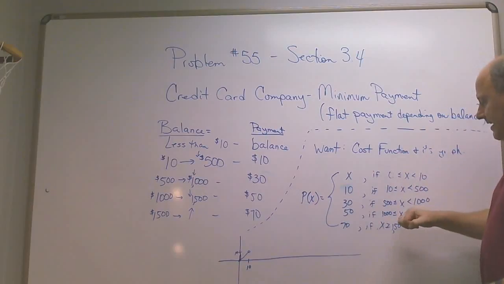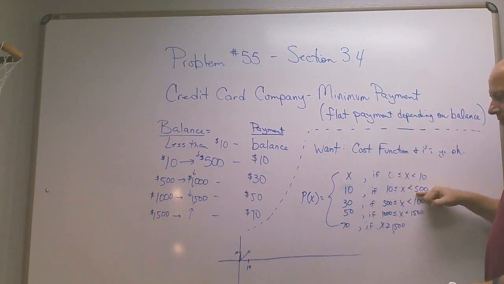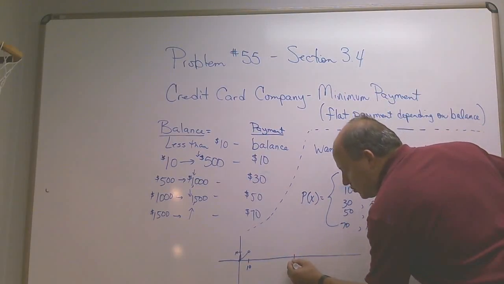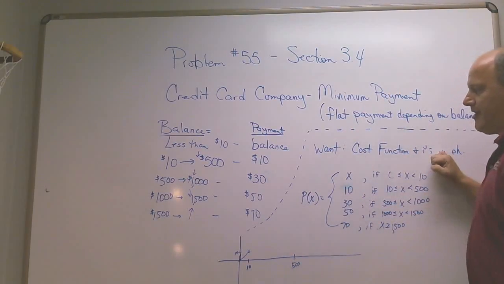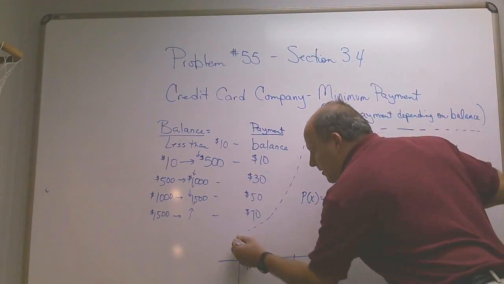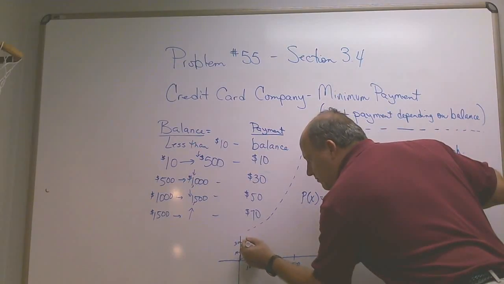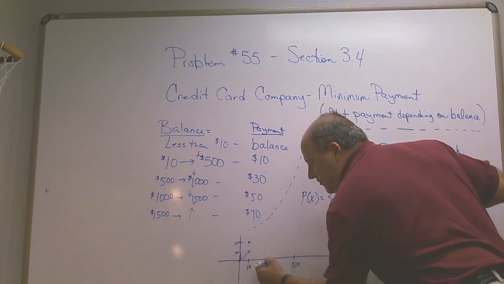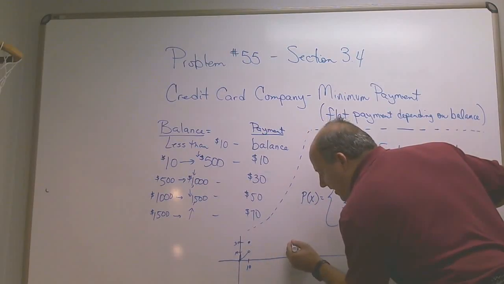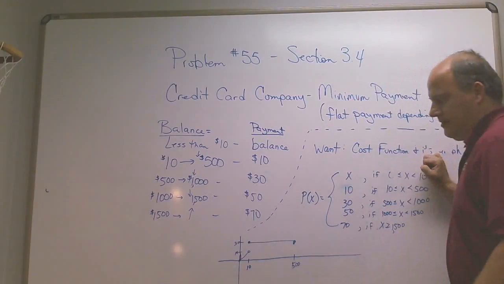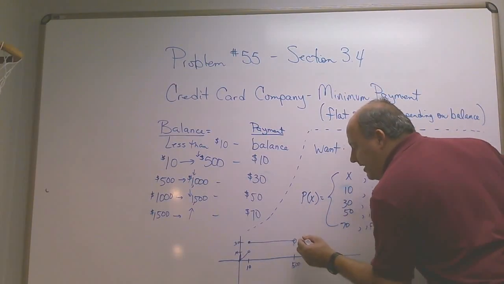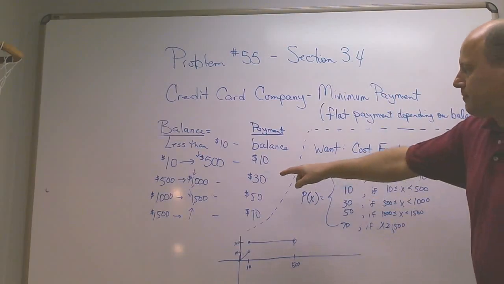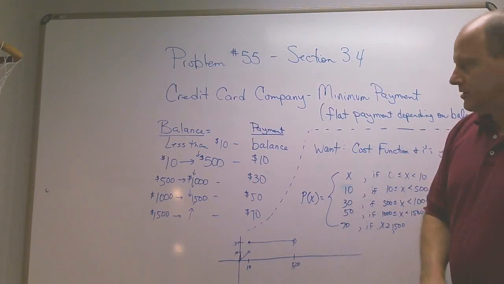Now between 10 and 500, which is not drawn to scale, you're going to make a flat payment of $30. So up here at 30. But it doesn't hold on this side because it's less than $500. Once it hits 500, they're going to jump your payment up to $30.